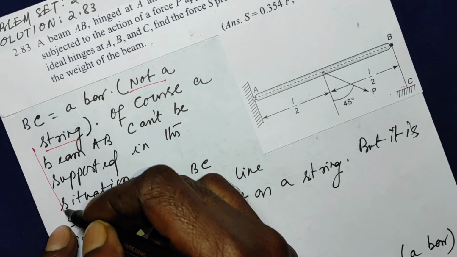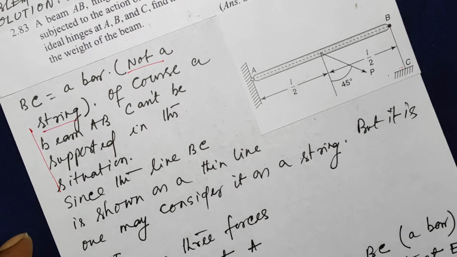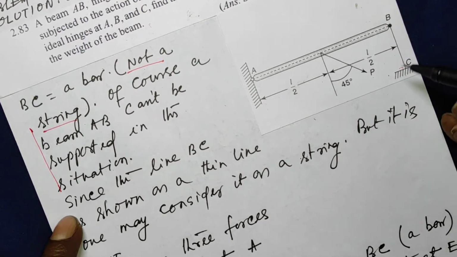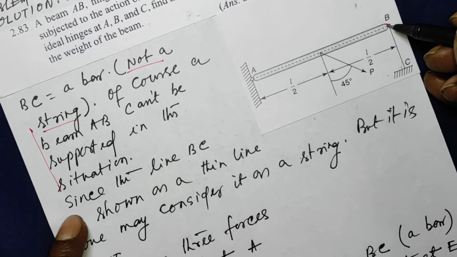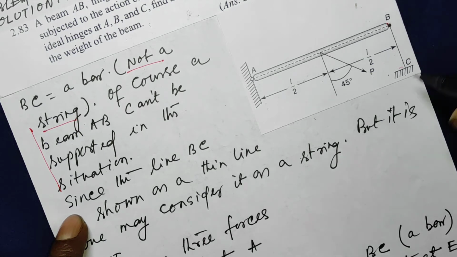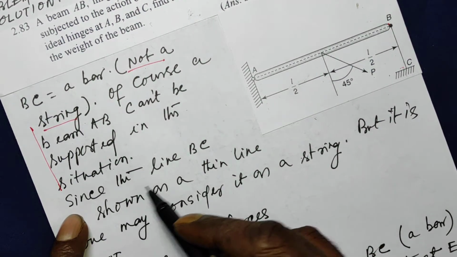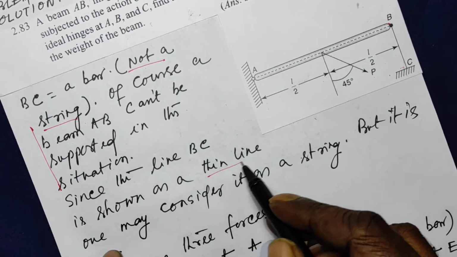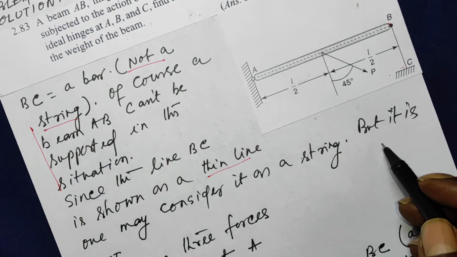Now, why did I say so? You might run into a little confusion because the line drawn for BC is very thin. It appears as a string, but it is not. It is a bar. Since the line BC is shown as a thin line, one may consider it a string, but it is not. It is a bar.